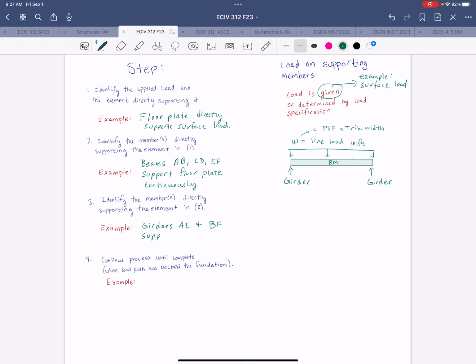And also note that those girders support the beams at discrete points. So we would not expect to see a distributed line load on those girders. We would expect to see point loads.